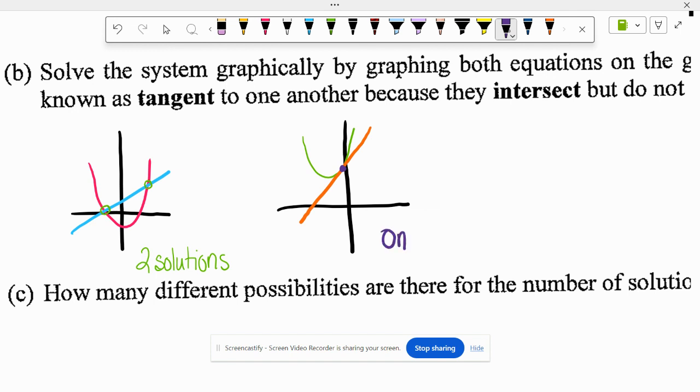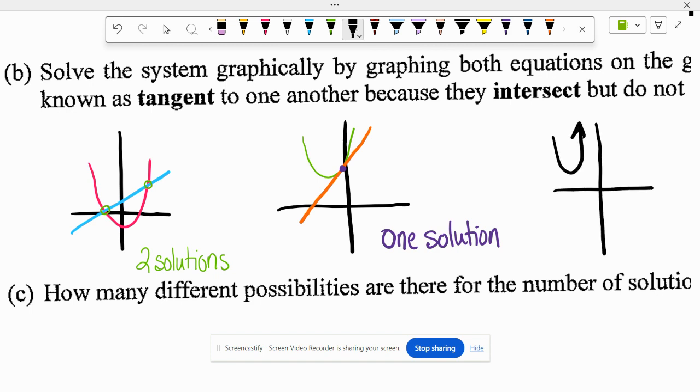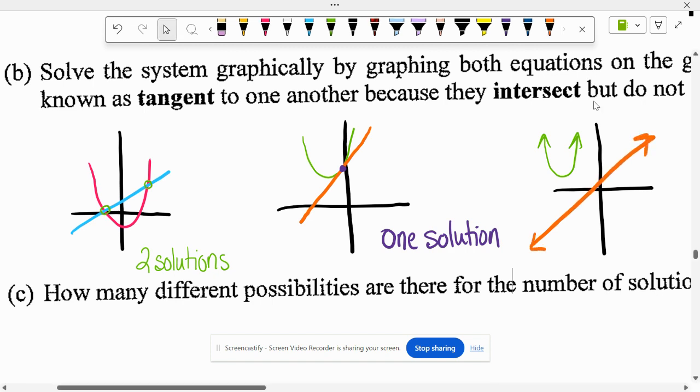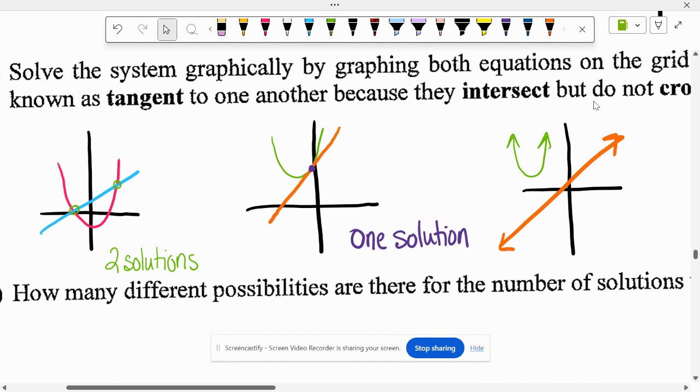This is one solution. And then my very last one, I'm going to put my parabola way over here, and I'm going to make my line go like this. How many times do those intersect? None. So 0 solutions.